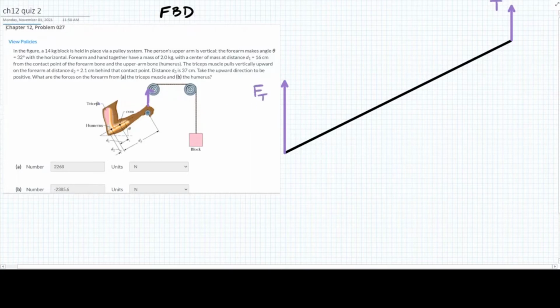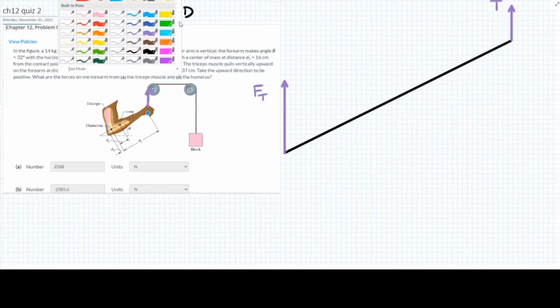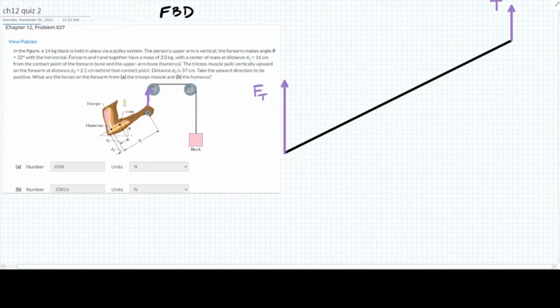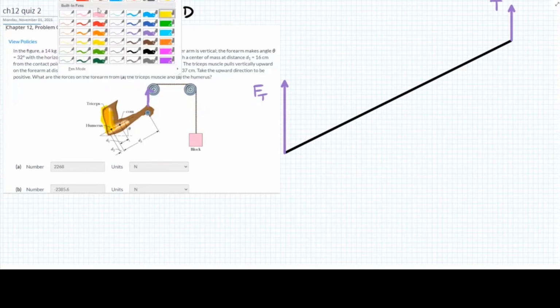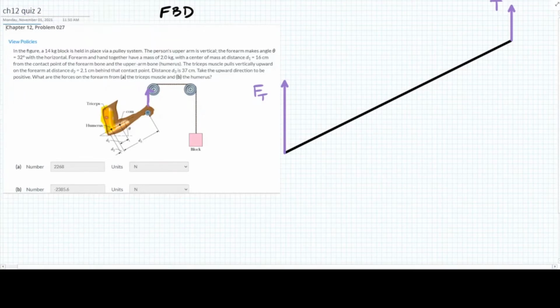My triceps, which is right here, my tricep muscles can only contract. Muscles cannot extend. They can only contract. So when your tricep muscle contracts, it's actually exerting an upward force on your forearm as indicated here.